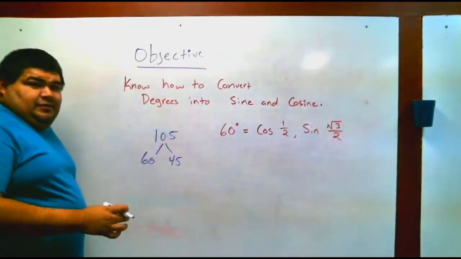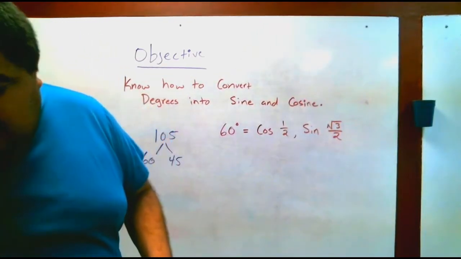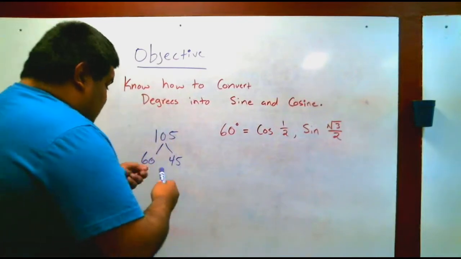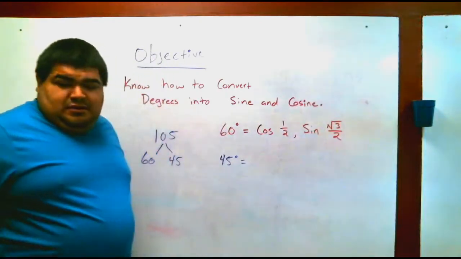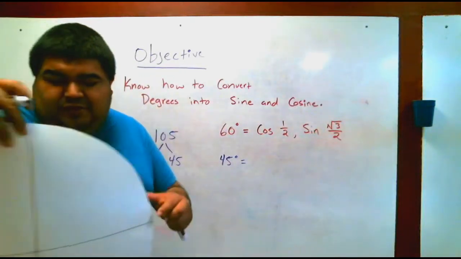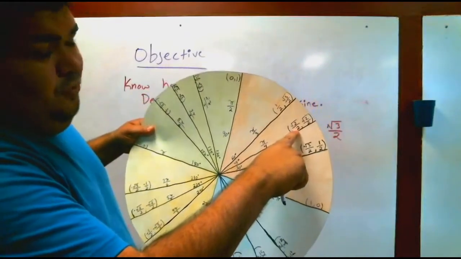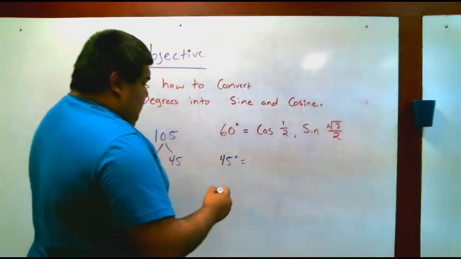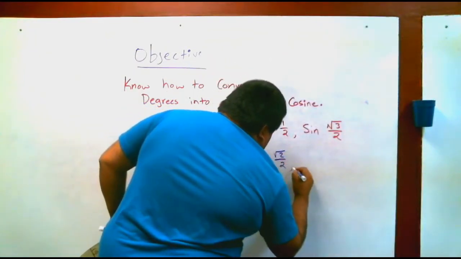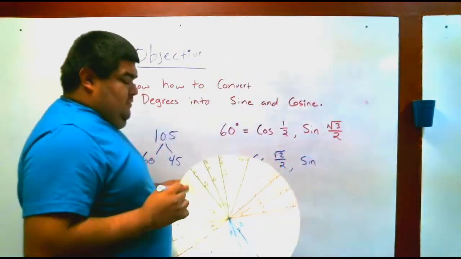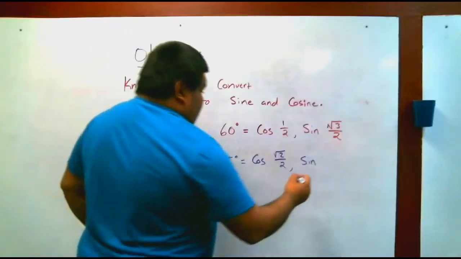But wait, we also have to do the 45, because remember, we broke down that 105. So now we go to 45 degrees. Again, we look up 45. Notice that 45 on your unit circle for cosine is radical of 2 over 2, and sine is, again, radical of 2 over 2.